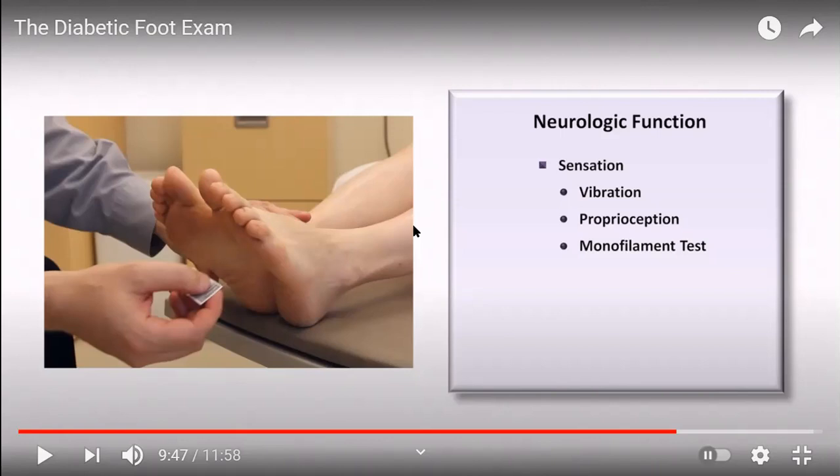Also, it is important because of the lack of feeling, the patient may miss the signs of infection because sensation is no more there, right? And this infection can come from a minor injury such as a blister or cut, which could lead to a major infection and possible need for amputation.